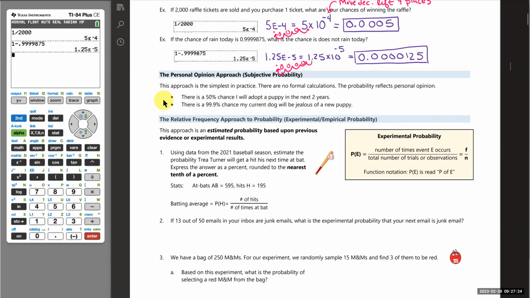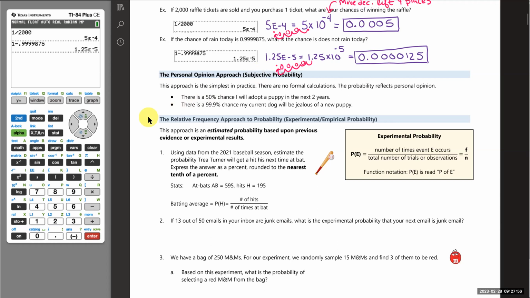So when doctors diagnose a patient and think about their chances of recovery, they might use their own experiences, personal opinion, and include that as they're sort of trying to figure out the chances of success in a treatment. So that's it for personal opinion approach, just based on experience, personal opinion. So subjective, open to interpretation based on who's deciding. All right, so we're done with that approach.